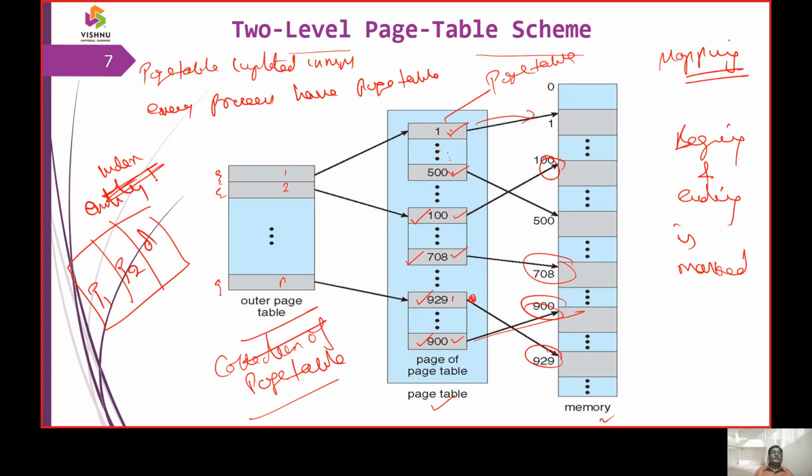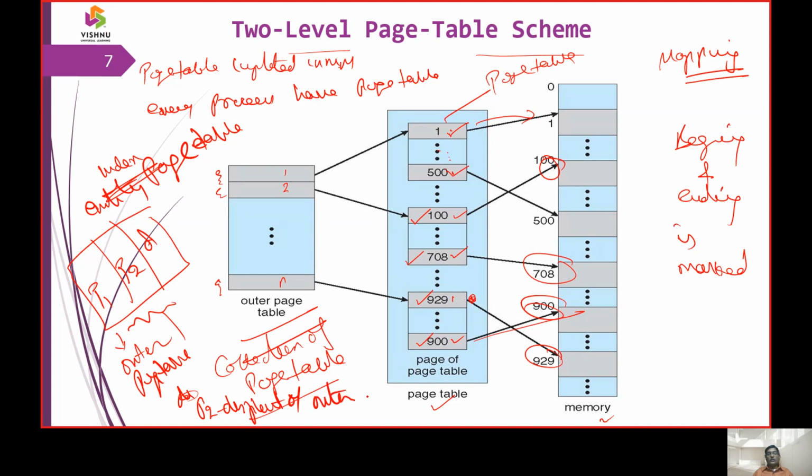Every entity in a page table is going to happen with P1, P2, and D. Here P1 is going to represent the outer page table, and implicitly P2 is going to be the displacement of the outer page table.